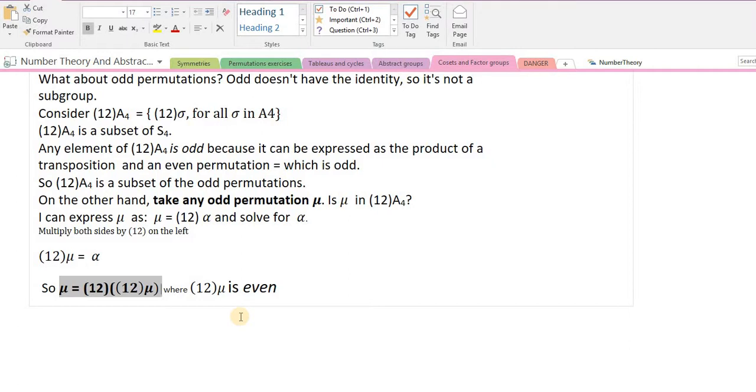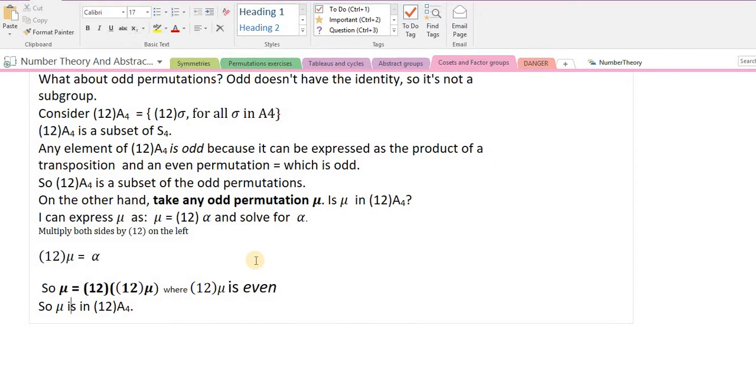Now the fact that mu is (1 2) times (1 2) mu means that mu is in (1 2) A4. So you can see why I did this problem instead of asking you to do it. The other problems are not this complicated. So mu is in (1 2) times A4.